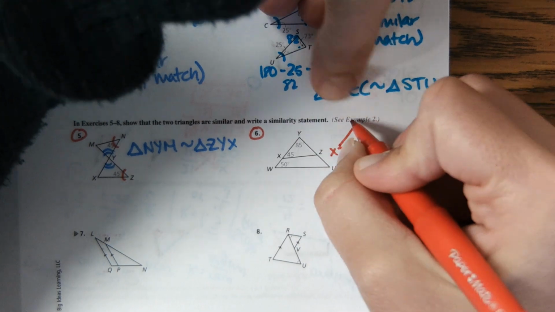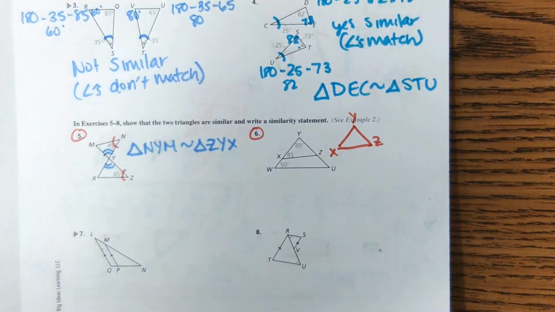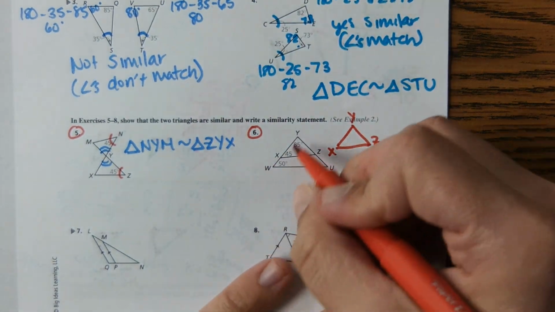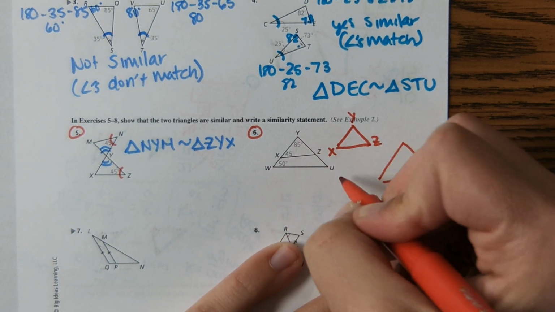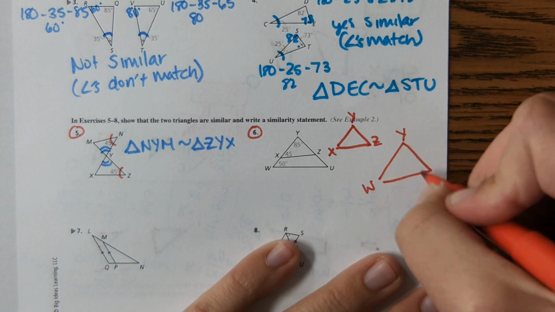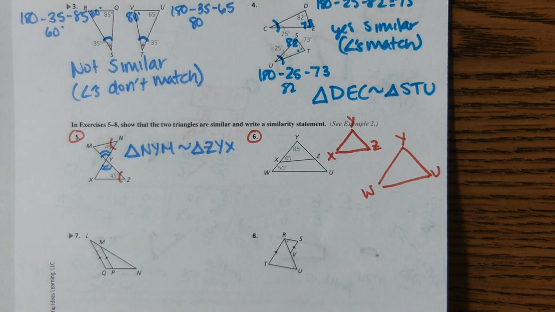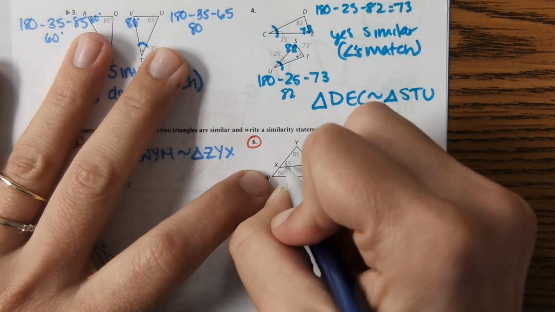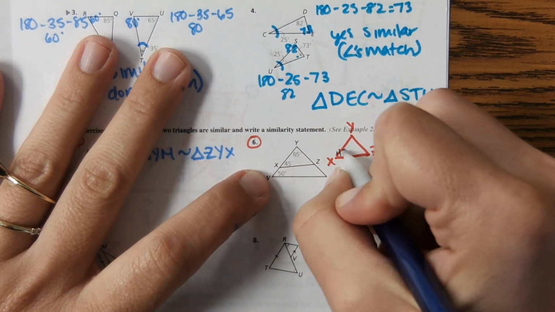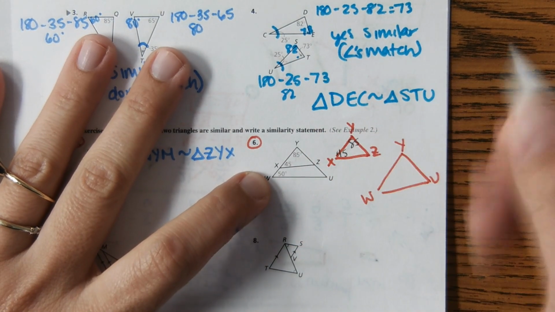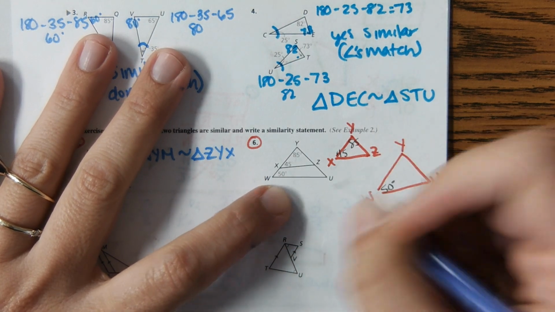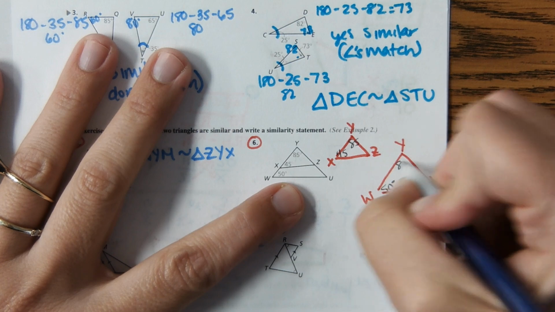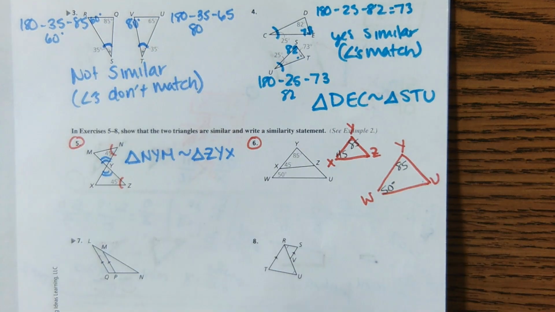So we got X, Y, Z. And then the larger triangle on the outside, W, Y, U. And then I'm going to label the angles 45, 85, and then for this one, W is 50 degrees, Y is 85, and then we don't know U.